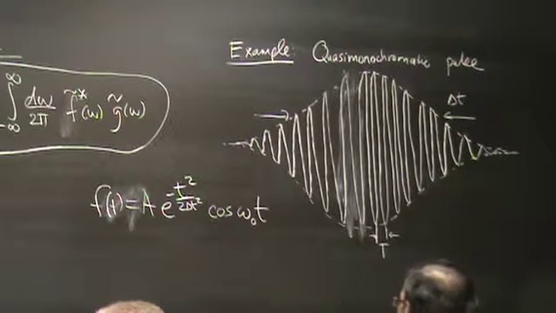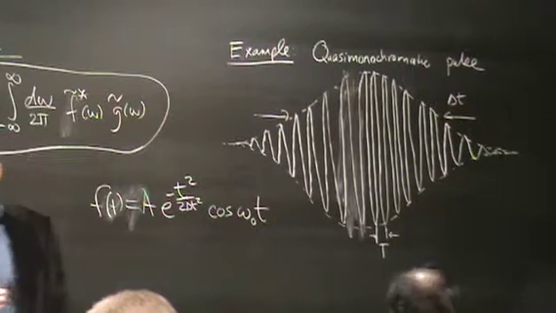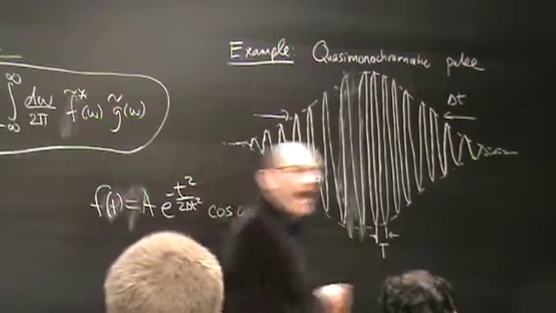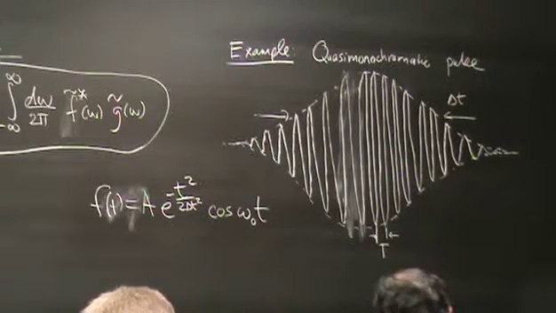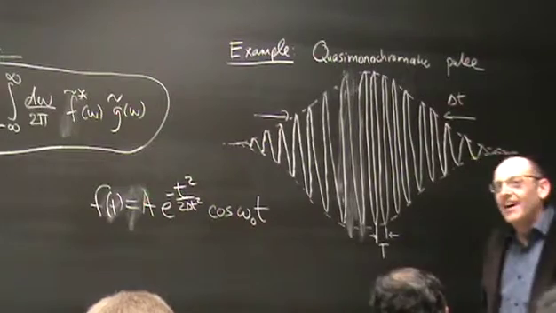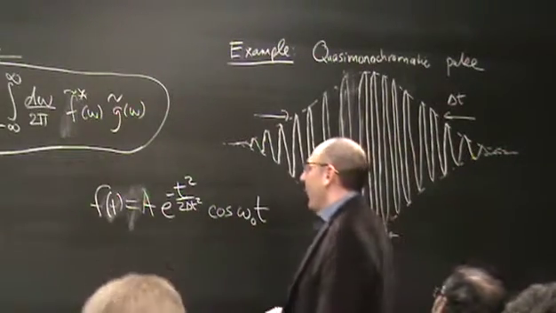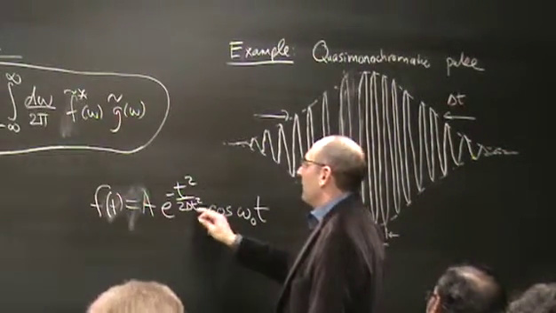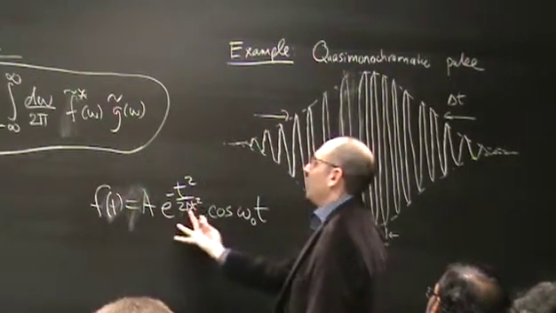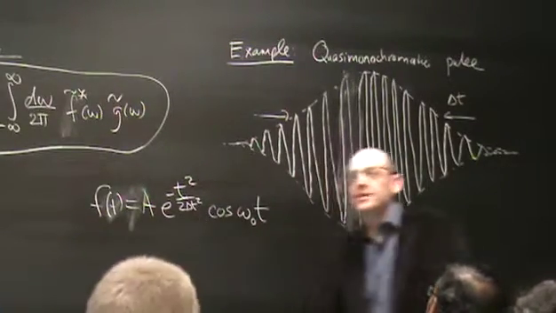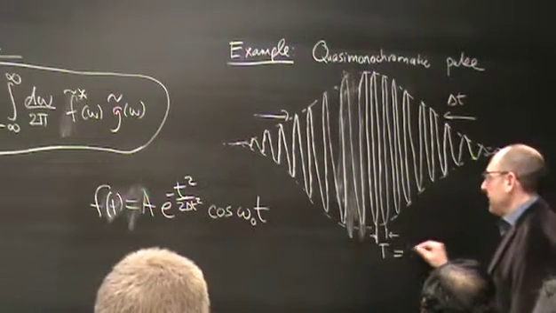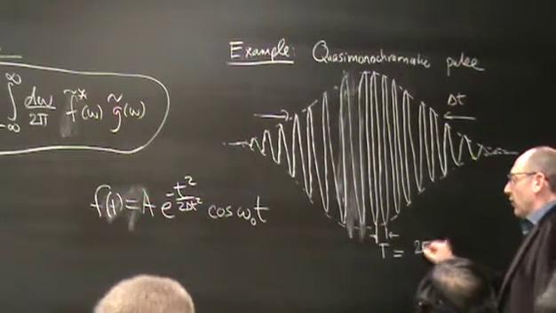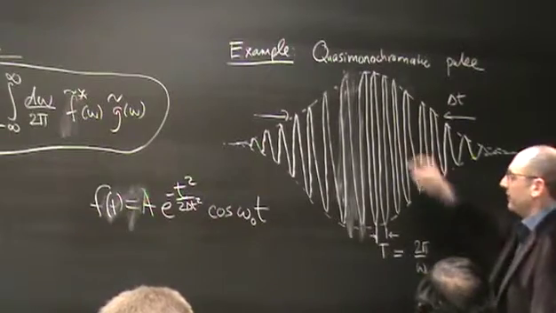Okay? So this is like amplitude modulation. I don't know if you guys are too young to remember AM radio, but AM stands for amplitude modulation. And I'm looking at the case where this is a Gaussian modulation. Okay? So T here is 2 pi over omega naught. That's the period of this.